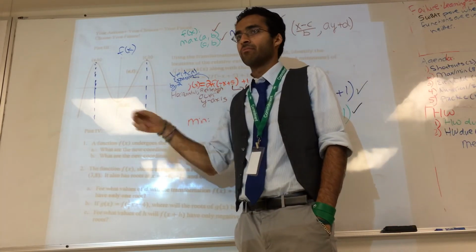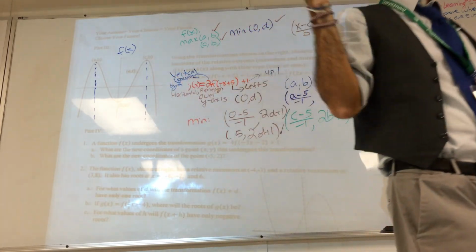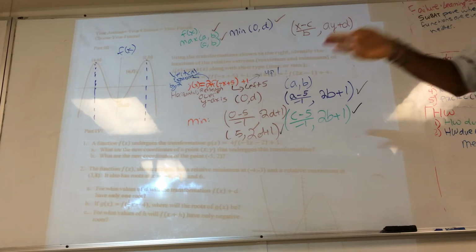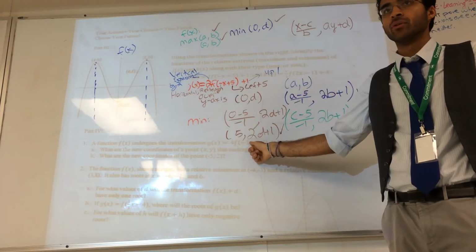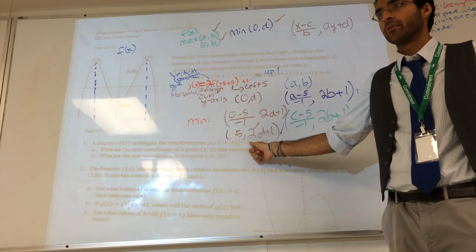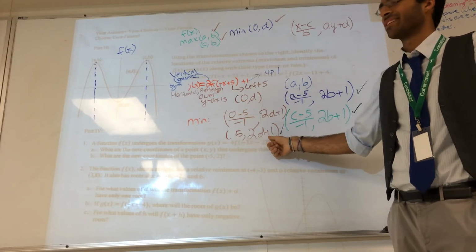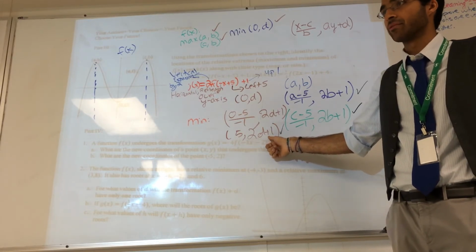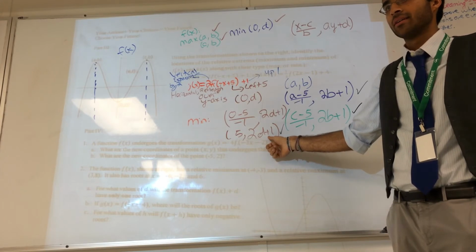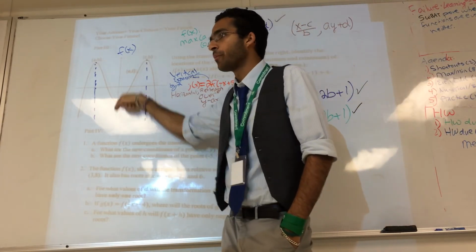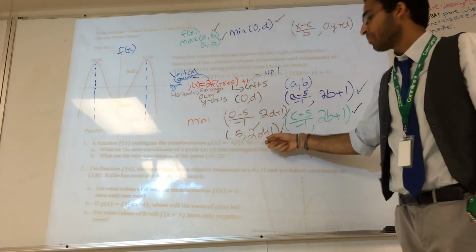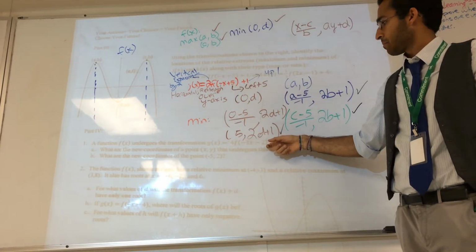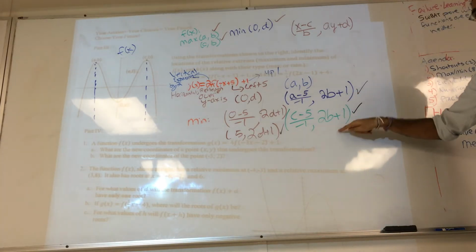D is a negative. Negative 10, negative 20, negative a million. So all I'm doing is taking a negative number and multiplying it by 2. That's still a negative number. Plus 1, okay, it's a little smaller negative, but it's still negative. So this is just going down the page. So this is still going to be the minimum. These will be the maximum.